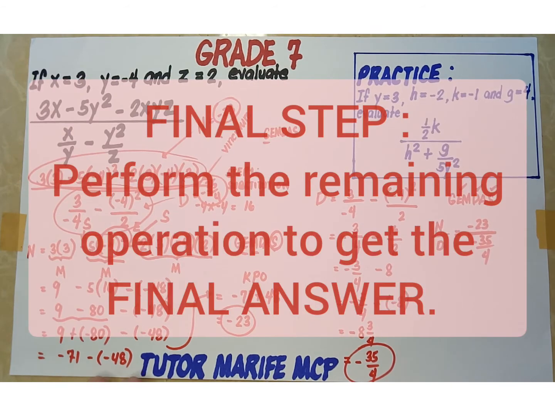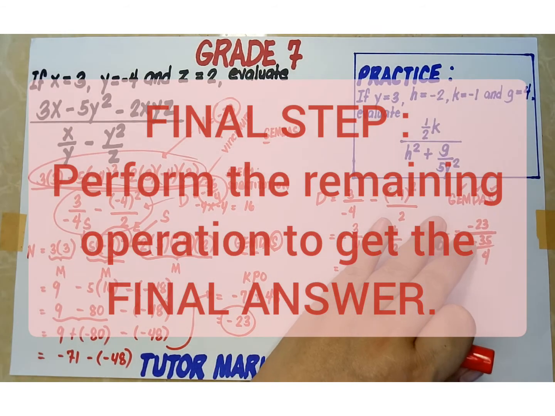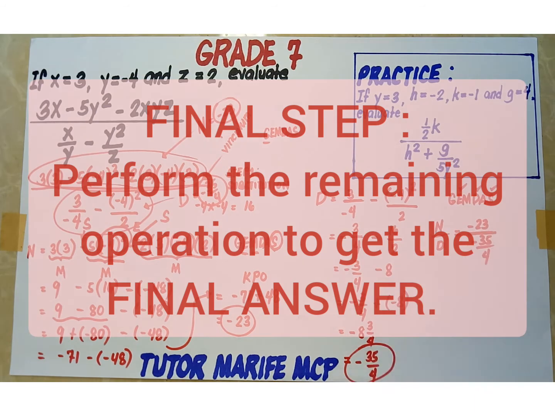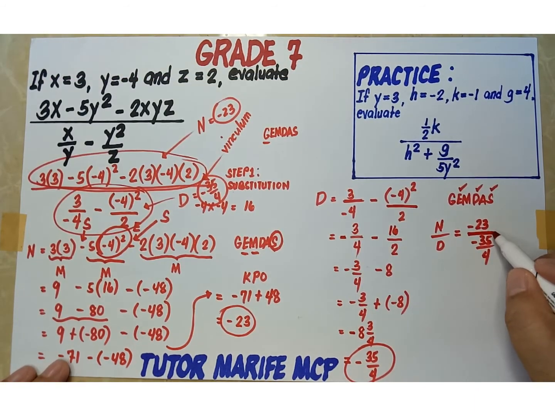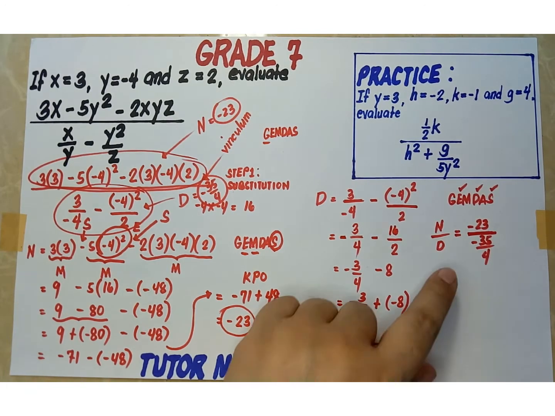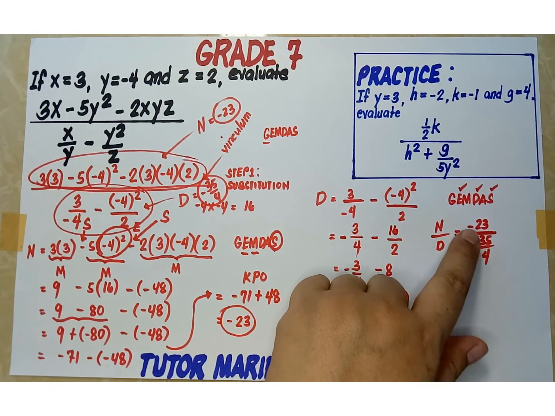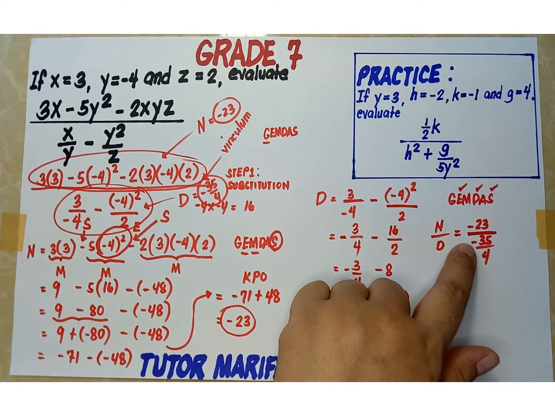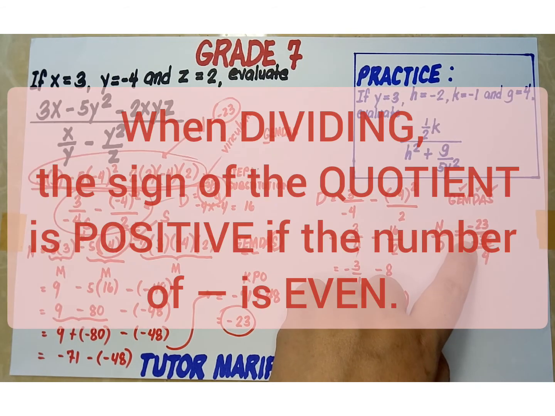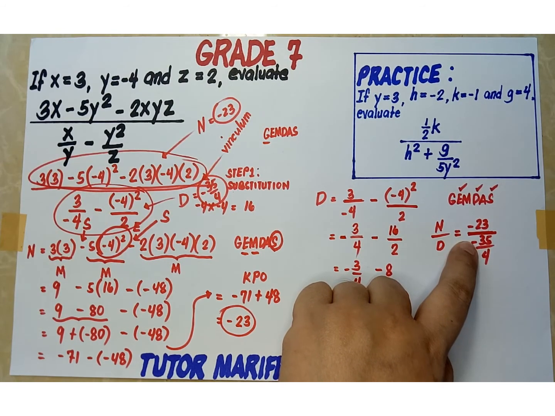So, pinakahuling operation natin is the division, katumbas ng ating fraction line. So, paano mag-divide? First is determine the sign of your quotient. Count the negative signs. 1, 2. 2 is even. If the number of negative signs is even, the answer is positive.